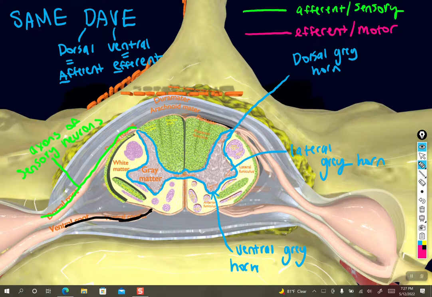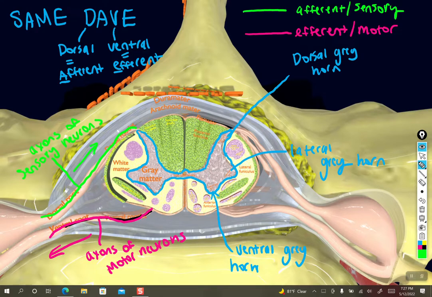The ventral root and rootlets carry axons of motor neurons. So efferent. So the direction of information and the direction of the action potentials that are traveling is that way. And up here, the direction of information and the direction of action potential propagation is this way.